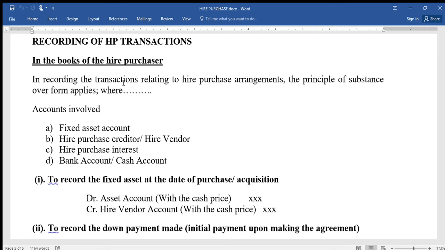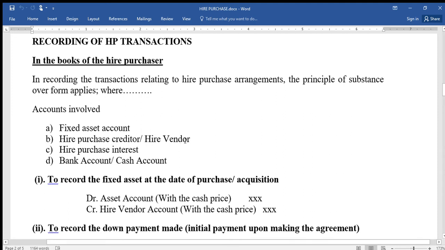It's what we follow when we are doing hire purchase. The accounts involved: in hire purchase we are buying an asset on installments, so we shall have the fixed assets account. Then there is a hire vendor who is giving you the asset on credit or on installments, so we shall have the hire purchase creditor or hire vendor's account.